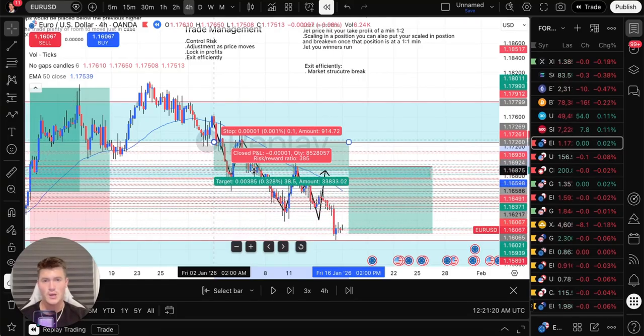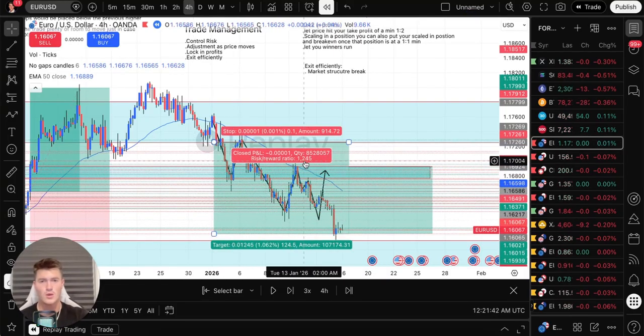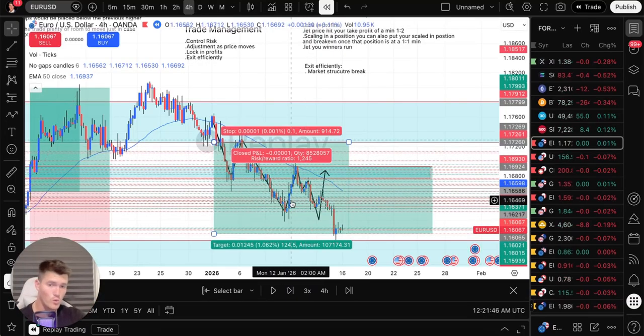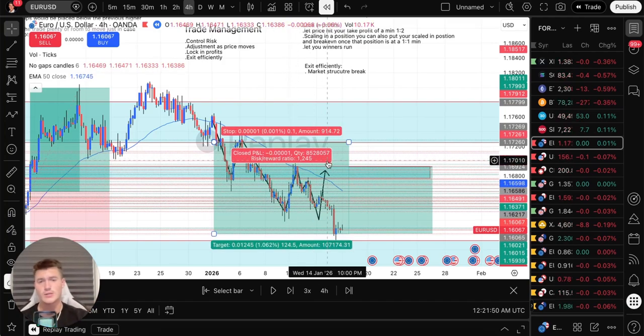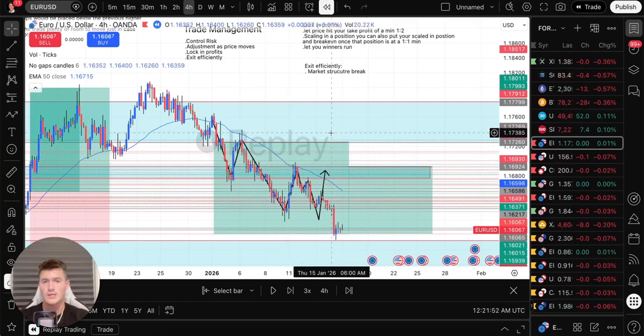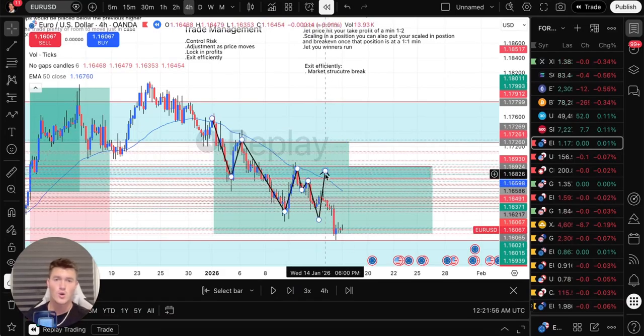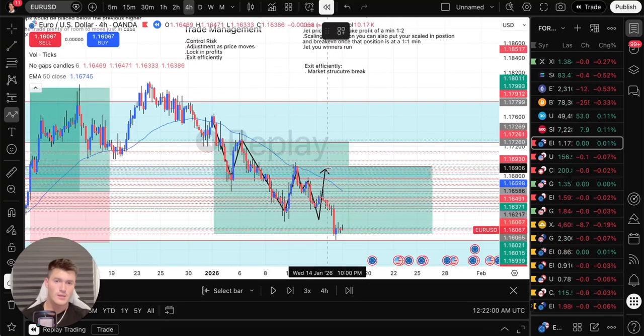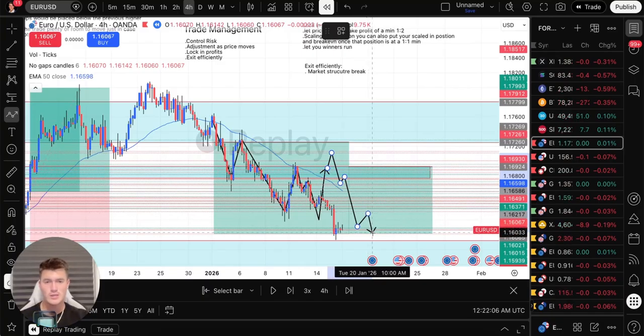You can either get out, or you can continue to hold the position since we were at a 1-to-1 and we put our stops at 0. Continue to hold your position until you get taken out. Or, again, price could reverse again and come back below, shifting the market bearish.